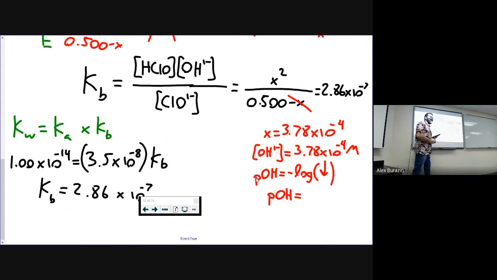What do we get for a value of pOH? 2.423.